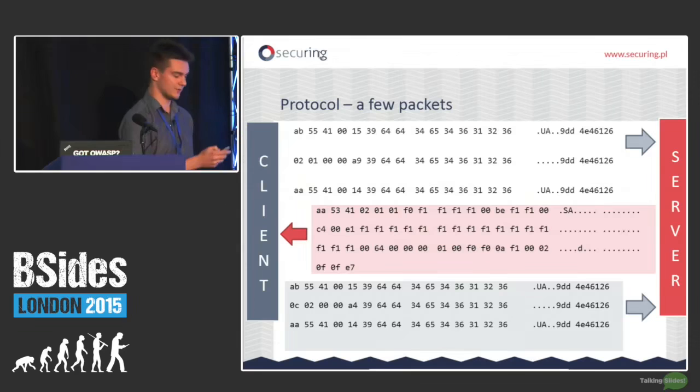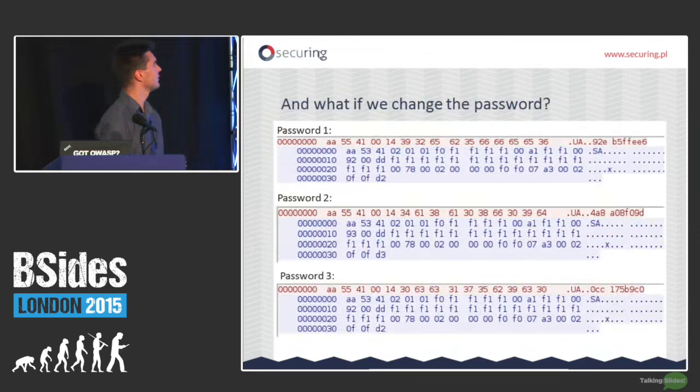What we first tried to do was changing the password of this appliance. We took 3 of these passwords, and actually only these 10 bytes changed. Do you know any 10-byte hash function or something like that? Well, probably it was cut or something like that.